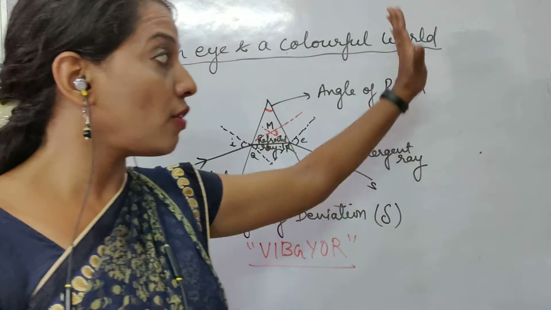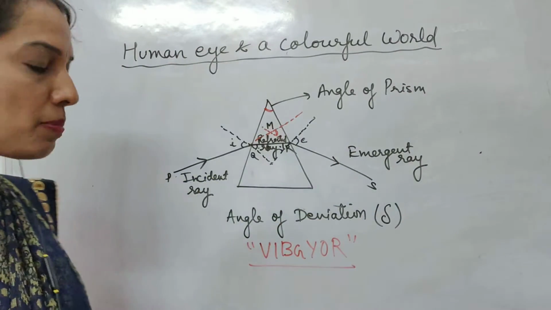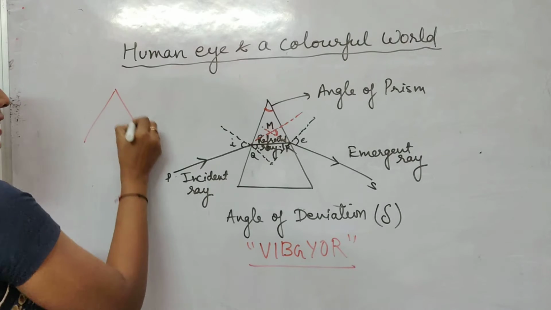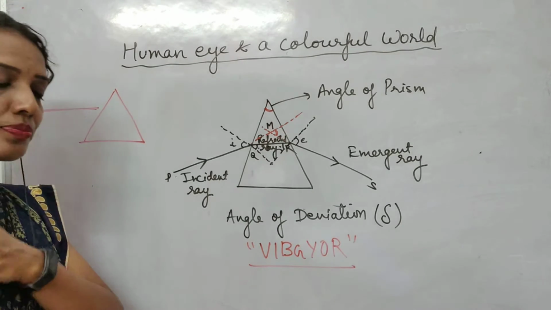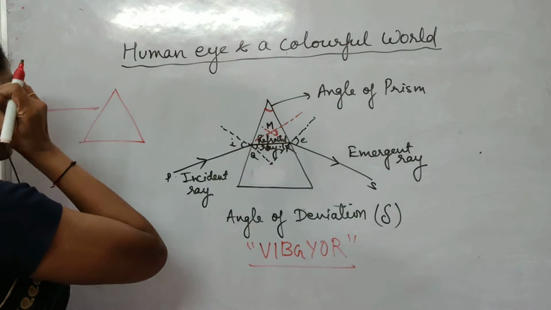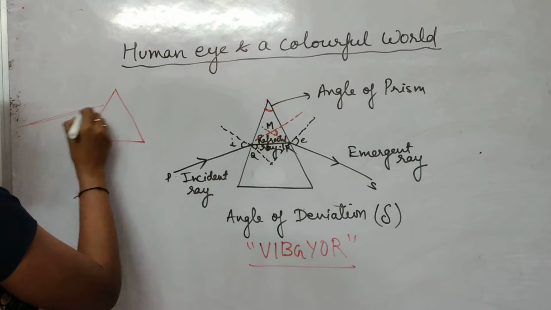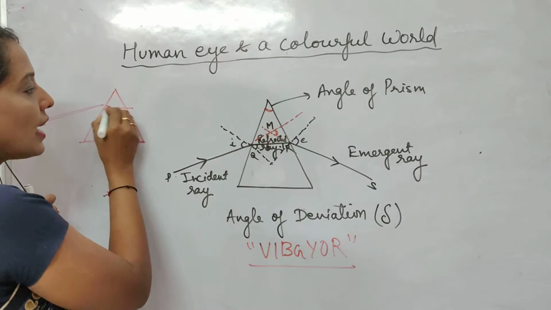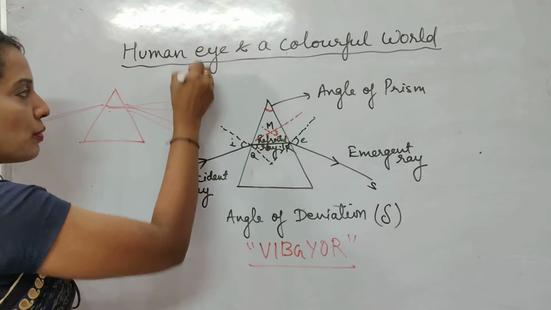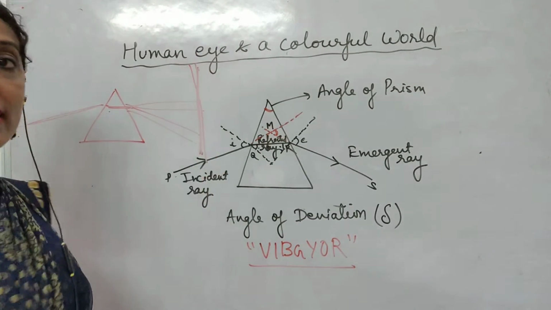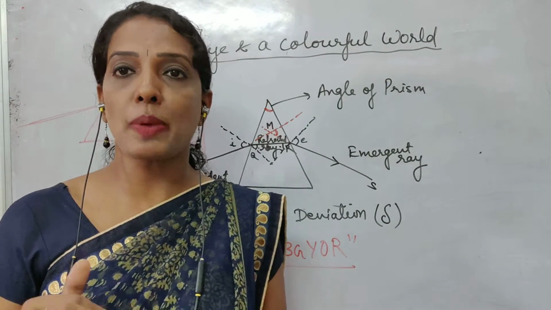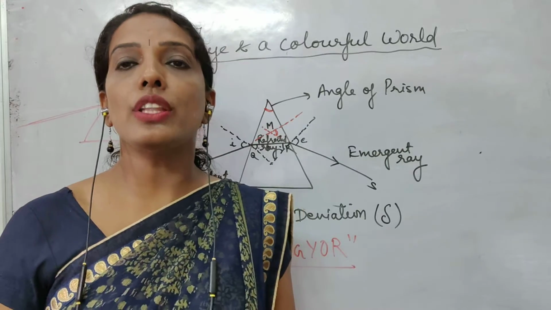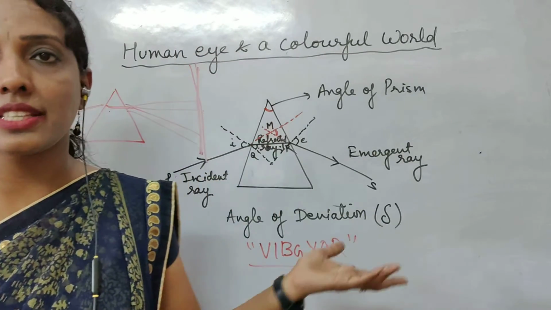If we take the prism and pass the white light through it, and put the white screen on the other side, you will find the different colors of the spectrum formed on the white screen.